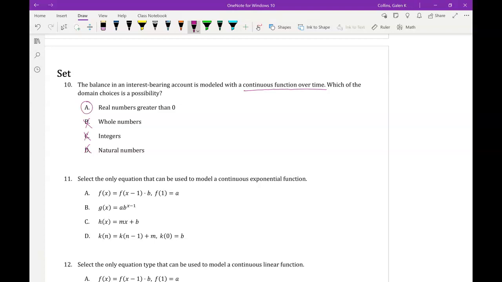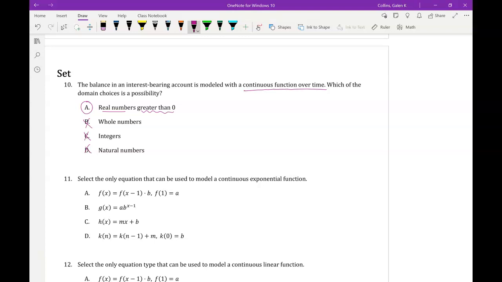And the reason that we would specify that the domain is real numbers greater than 0 is that when we start modeling this, since it's a function over time, we would likely begin examining this function when time is equal to 0.